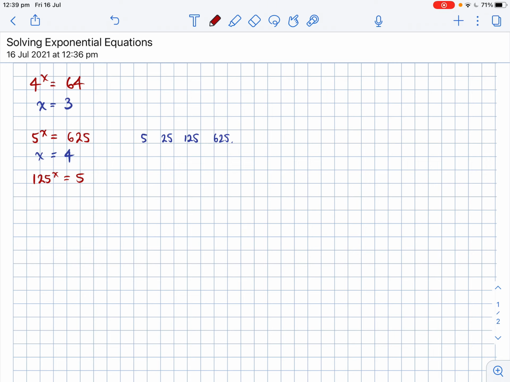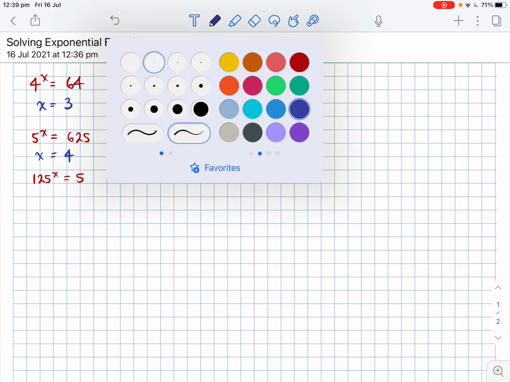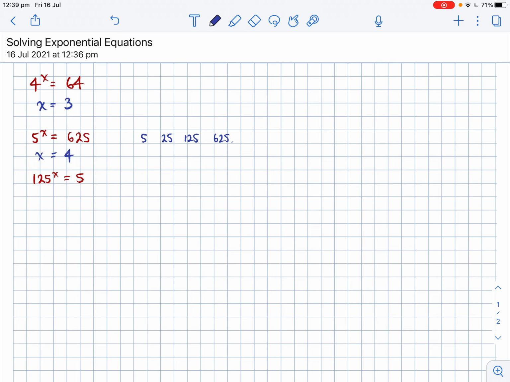But without too much, again, sort of logic and thinking, what number would I have to have here to make it work? We can logically come up with that it's got to be the cube root of 125 equals 5, because 5 to the power of 3 equals 125. So therefore, x would equal 1/3.